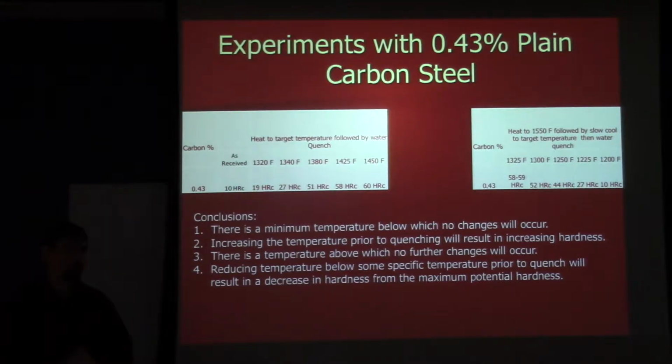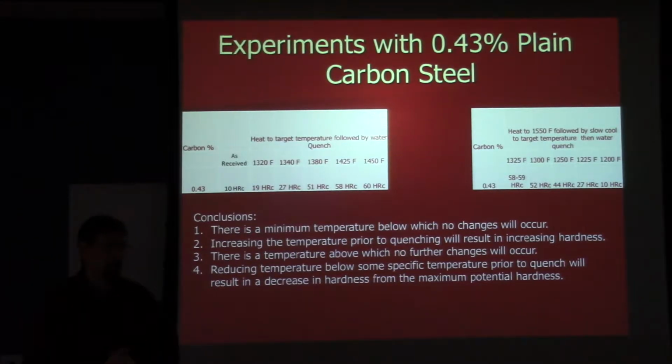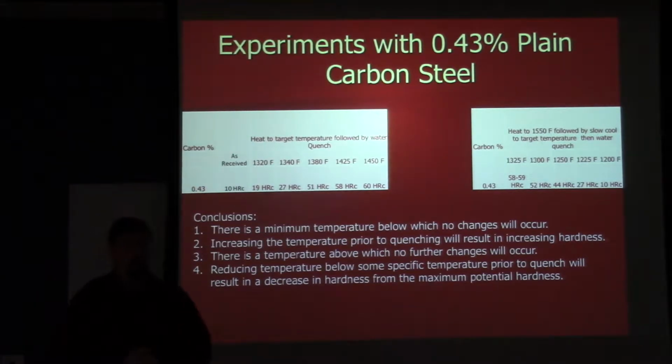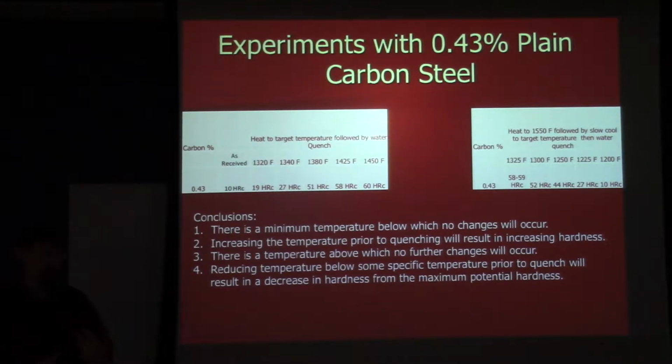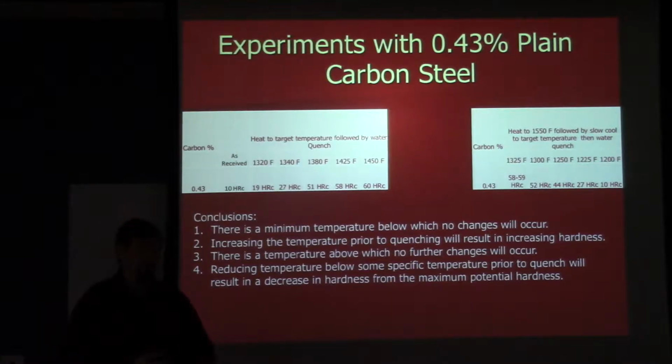Yeah, Raphael. Which phases are present with the lower hardness values typically? So in the very lowest hardness, we saw a combination of ferrite and pearlite. In some of the other steps, he had varying amounts of martensite, ferrite, and pearlite.